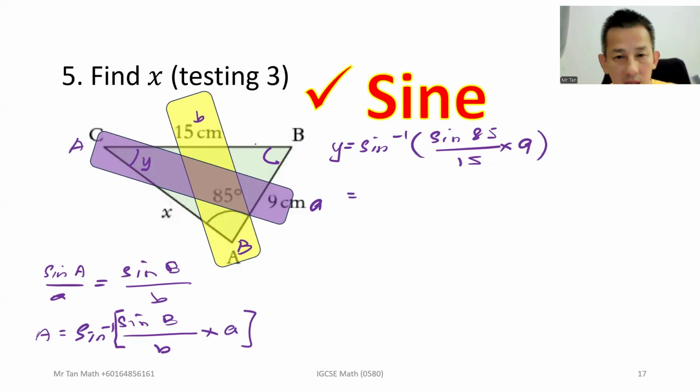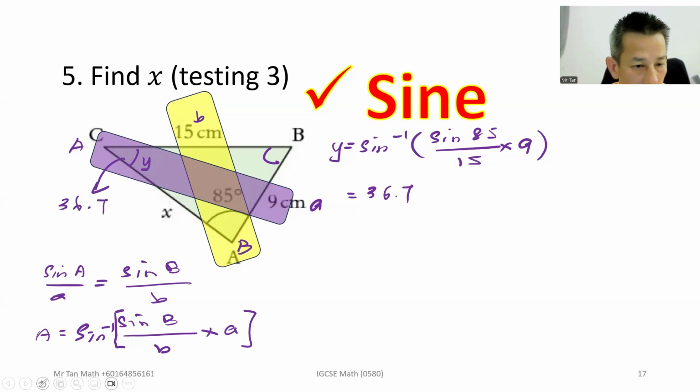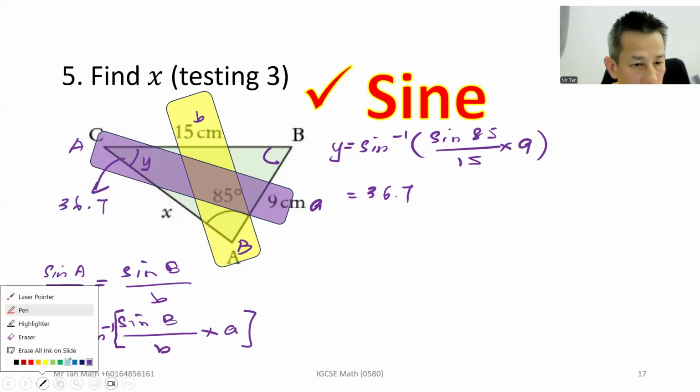You should get 36.7. So y will be 36.7. This angle will be 36.7. Okay, so you just use the triangle rule.